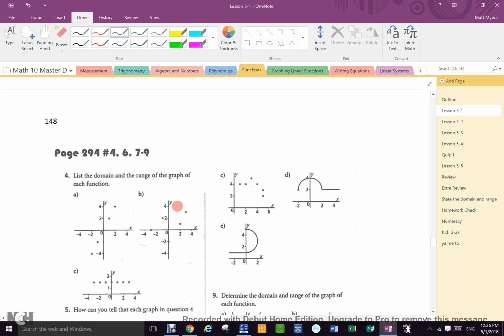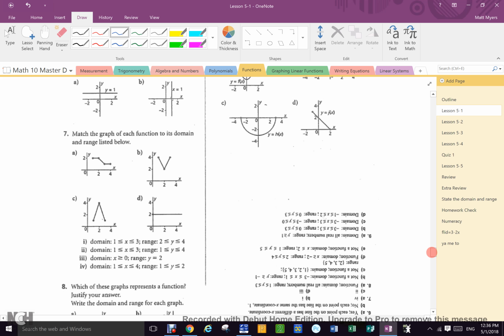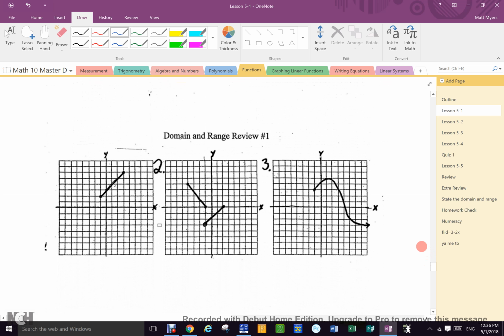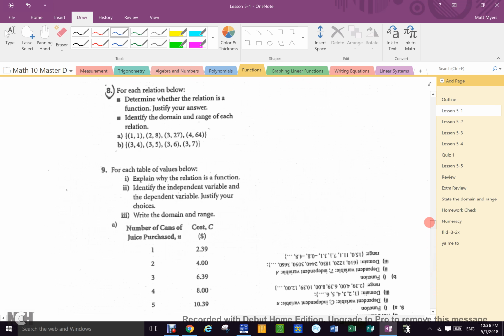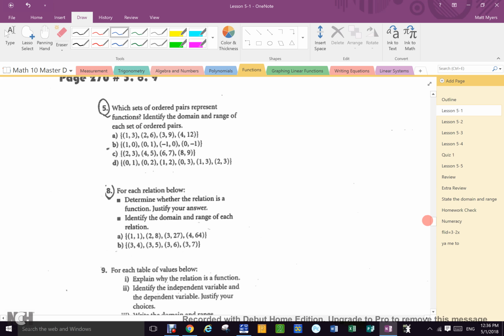148 is the exact same stuff, except instead of listing points, they put it on a graph. It's the exact same stuff. And then I'm going to show you what I want you to do with 149 and 150. Okay? Everybody with me? All right. Take a few moments right now and start on page 147.